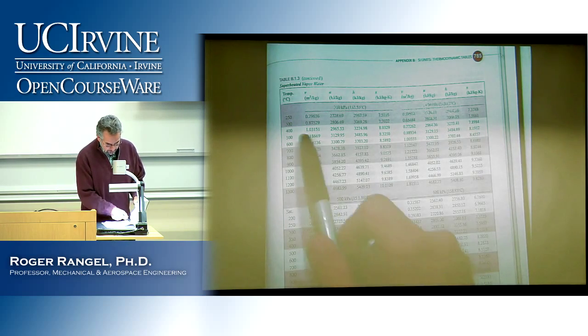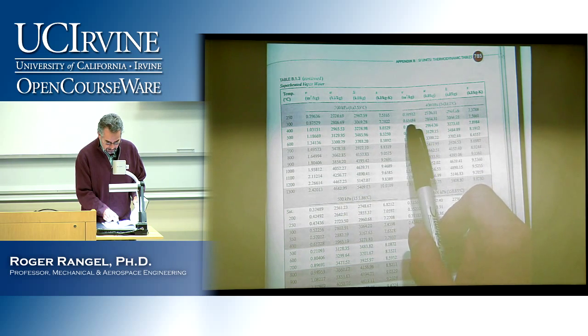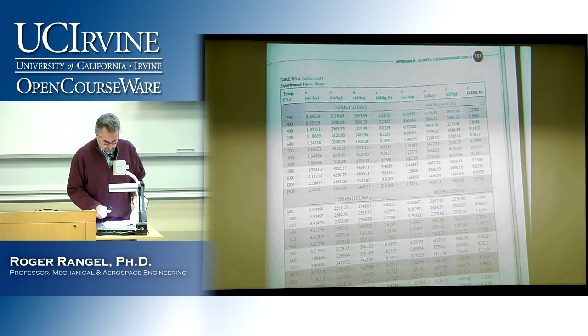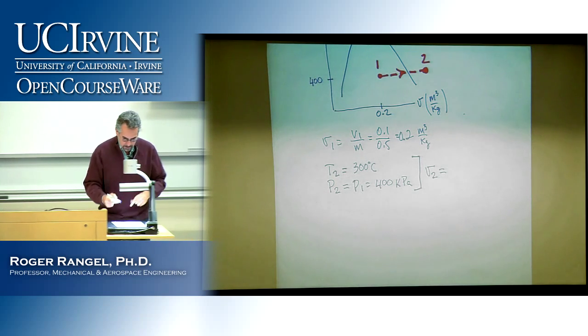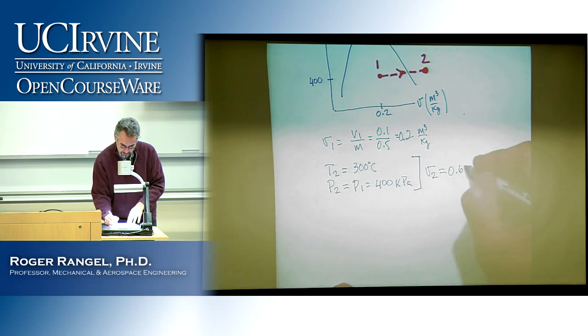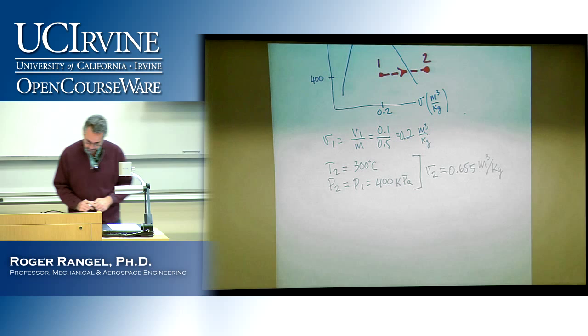So I would just look at 300 and 400 kilopascals and read that volume. 0.655. So this V2 is 0.655 cubic meters per kilogram. All right.